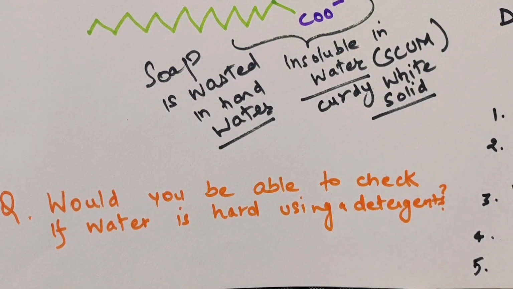So if we had 2 test tubes filled with soft water and hard water, and if we add an equal amount of detergent into them, they both will give the same amount of lather. Okay, so detergents cannot be used to check whether the water is hard or soft. On the other hand, soaps can be used because soap would produce lather with soft water and not produce lather with hard water.